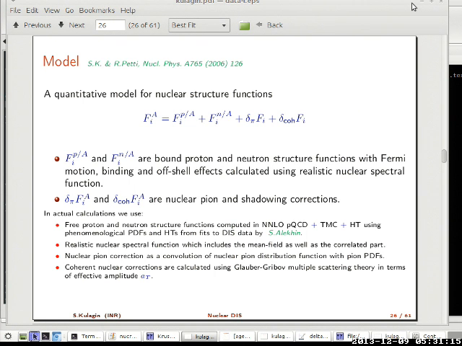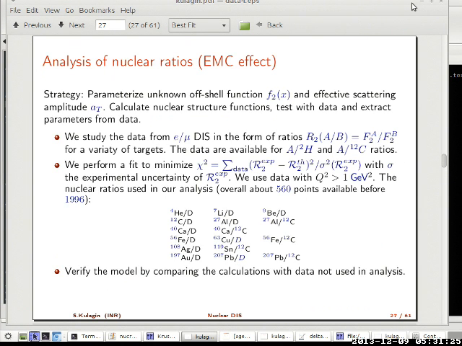In principle, we need also the longitudinal amplitude, but for that we have a model for how to calculate it. So the idea was to confront this model with data and try to extract the off-shell correction and the parameters of the amplitude.